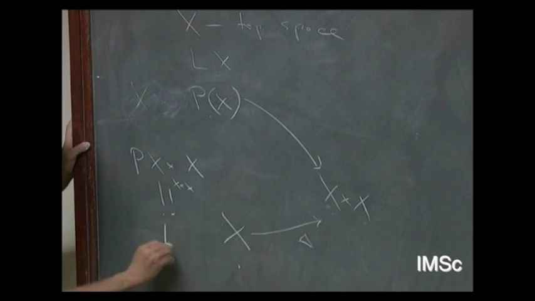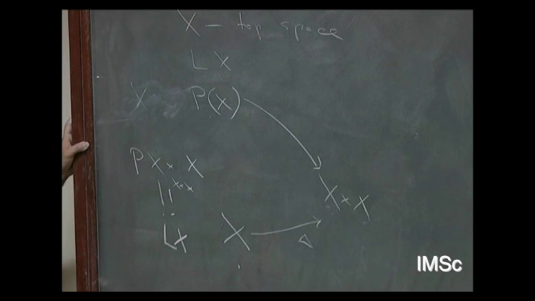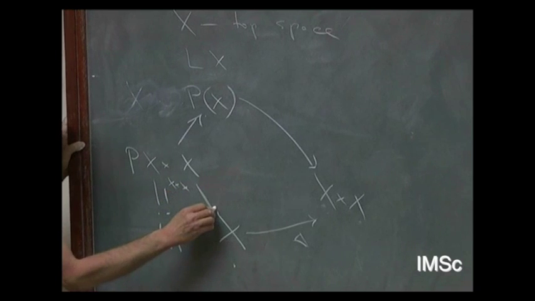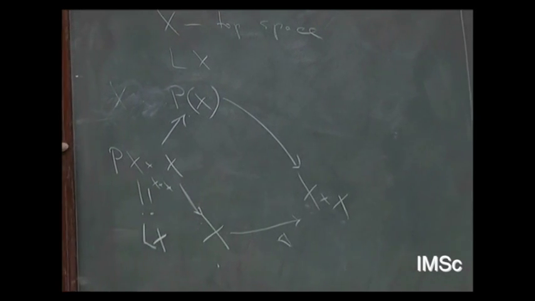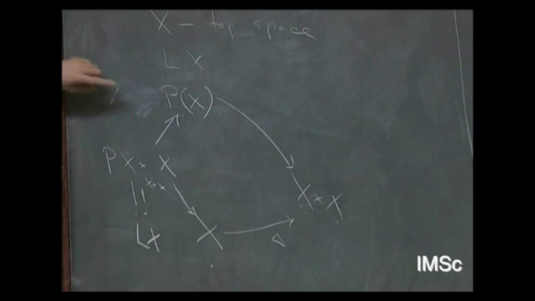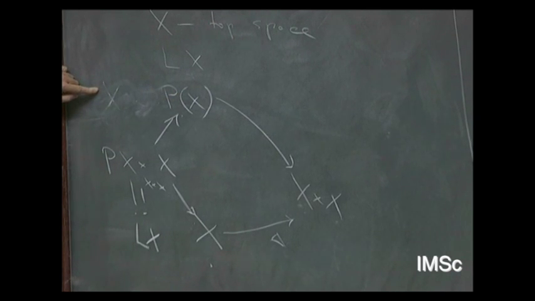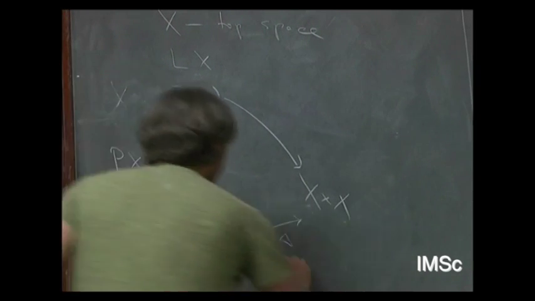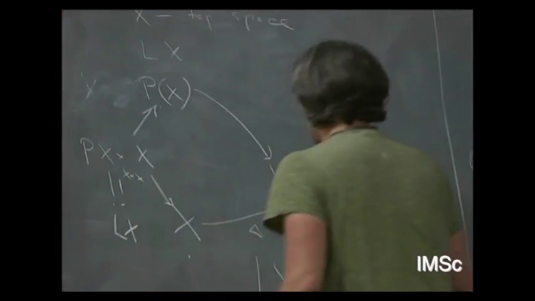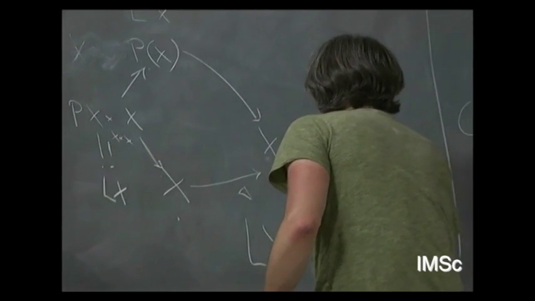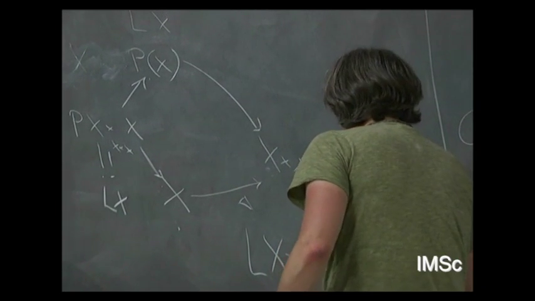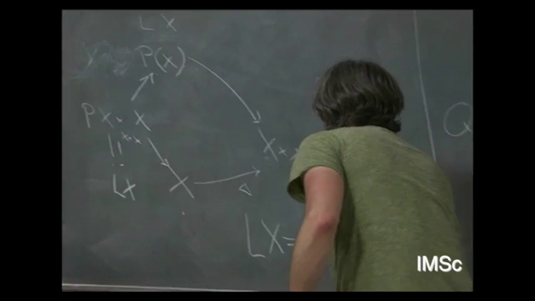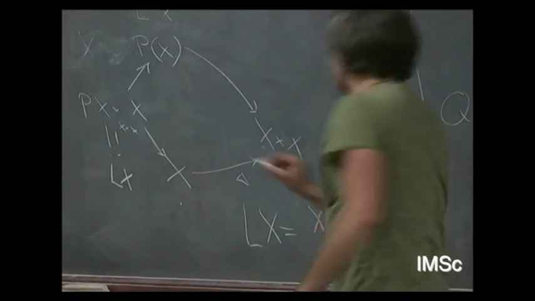That's the loop space of X. So far, I didn't do anything fancy. But notice my remark that the path space of X is kind of a resolution of X. It's homotopy equivalent to X. So then the loop space is X times resolution of X, so kind of X over X cross X, only in the derived sense.